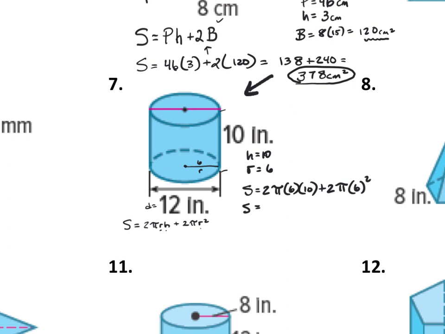Simplifying, surface area is equal to, I'm going to multiply all my numbers here, and it's going to be 10 times 6 times 2, which is going to be 120 pi, plus 36, 6 squared, order of operations, 6 squared is 36, times 2 is 72, still times pi. When I combine like terms, I get 192 pi equals.